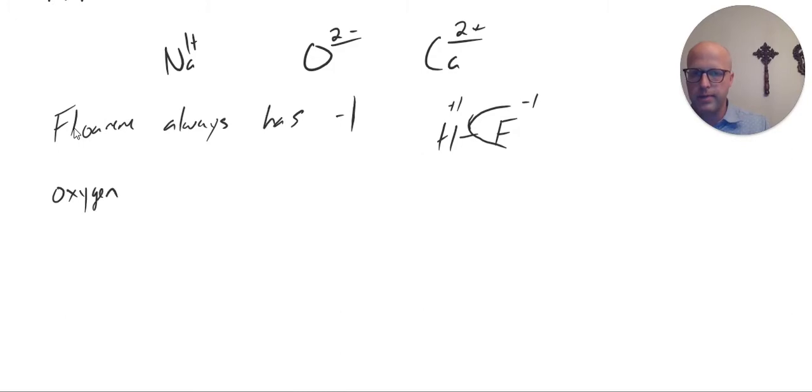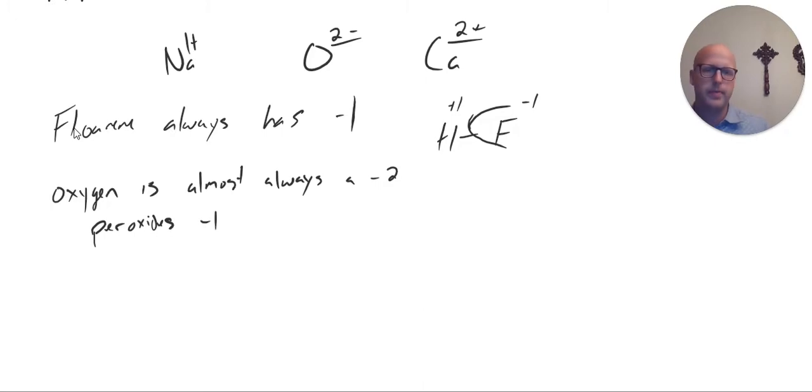Oxygen is almost always a -2. The exceptions are in peroxides, like hydrogen peroxide, where it's a -1. So fluorine always has a -1, oxygen's almost always a -2, and hydrogen is a +1 oxidation state.